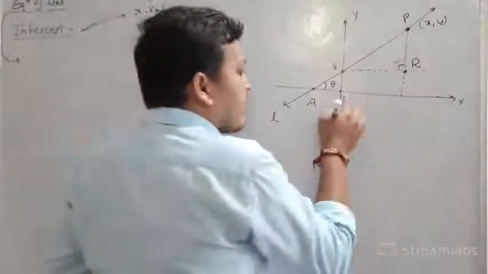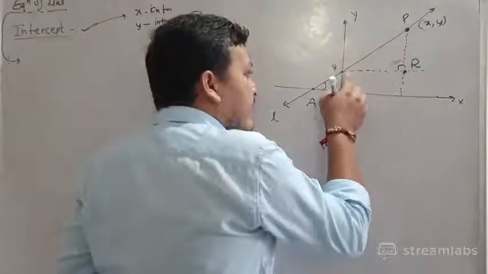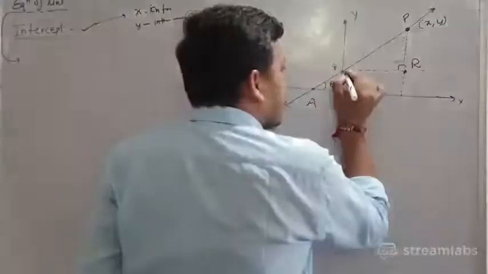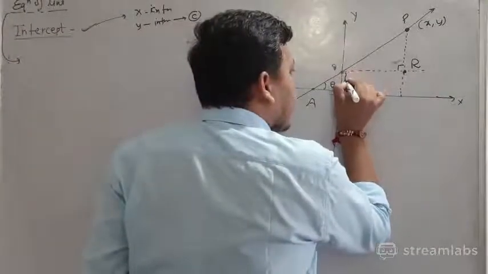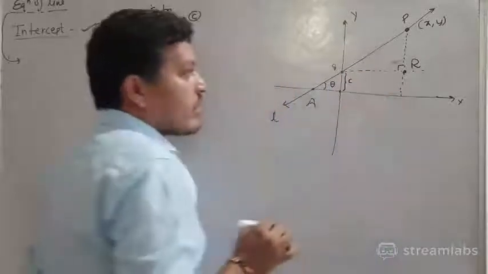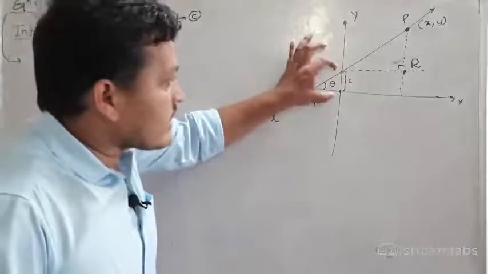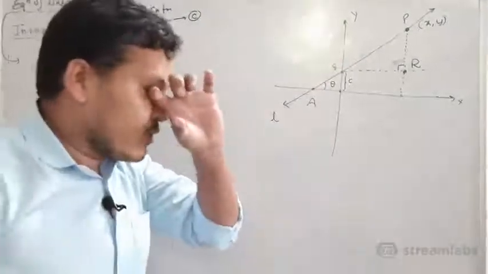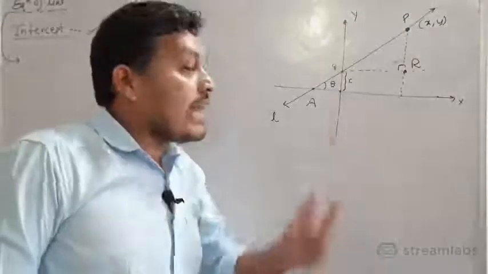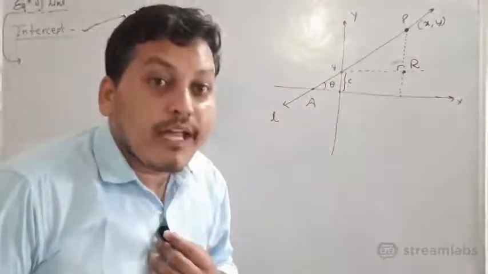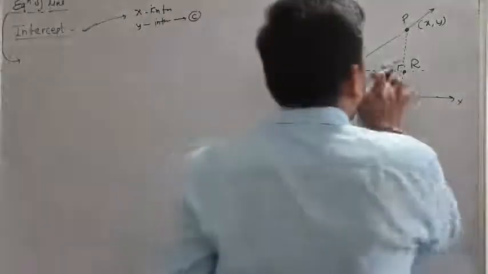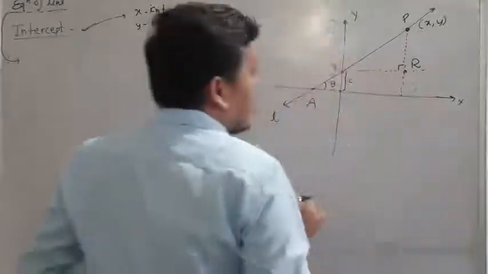As you know, the distance from the origin to a point is known as intercept, and this intercept is known as the y-intercept. The distance from the origin to Q is what? The intercept, and which intercept? Because it lies on the y-axis, it is known as the y-intercept, and the y-intercept is denoted by c. Any doubt? No doubt.